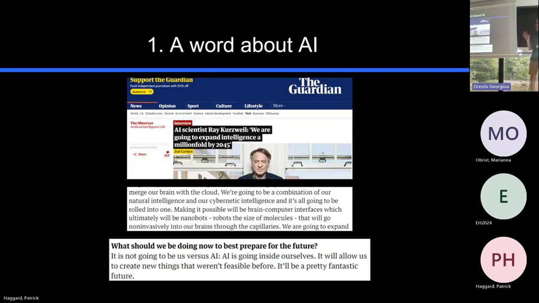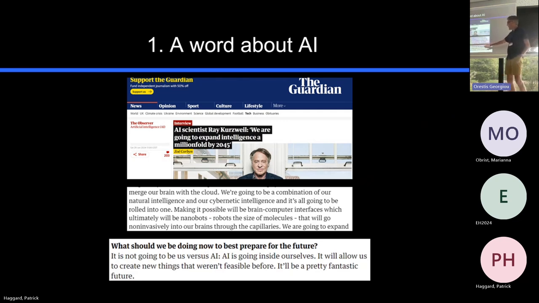Now, this is the only slide about AI, and you can see that I quite like The Guardian. It's the one good remaining newspaper in the UK. And this is something that they had yesterday. Ray Kurzweil, father of AI in some ways, was giving an interview. And I just extracted a few of the things that he said about the AI-based future. Making it possible will be brain-computer interfaces, which ultimately will be nanobots the size of molecules that will go non-invasively into our brains through the capillaries, and so on.